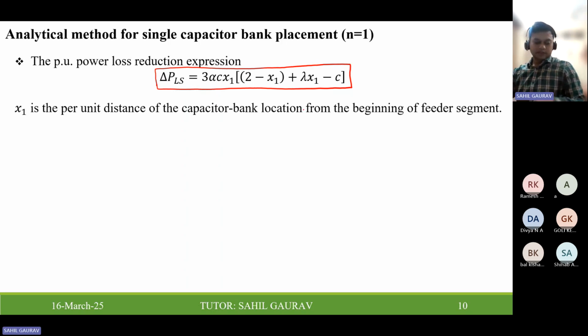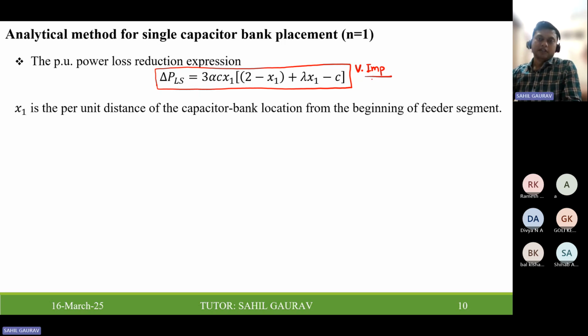So for single capacitor bank placement, the per unit power loss reduction expression is this one, 3 alpha C x1 into (2 minus x1 plus lambda x1 minus C). This expression is very important and you need to remember it.